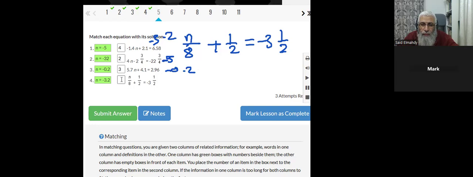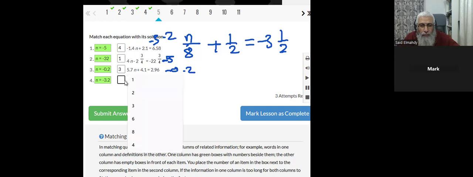Because that's what the answer is for 1. 1 is n equals negative 5, right? So 2 is supposed to be 1. Yes, it is. And the last one's 2. Yes, correct.